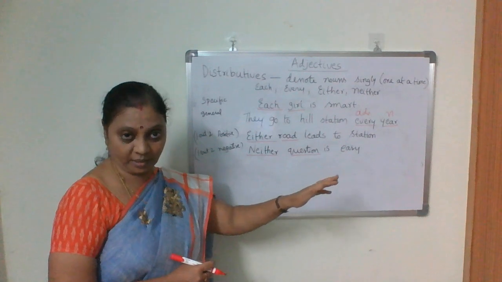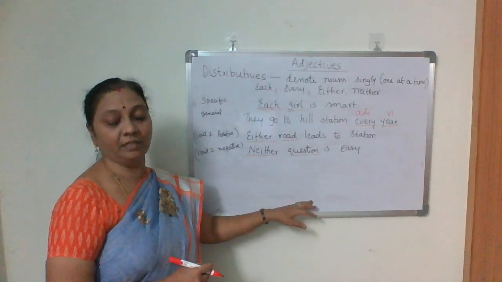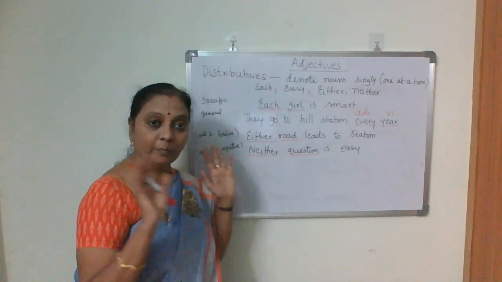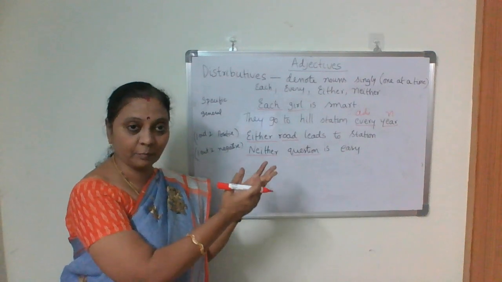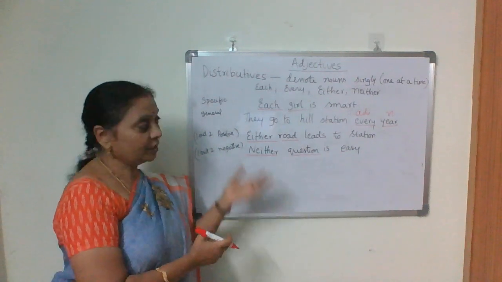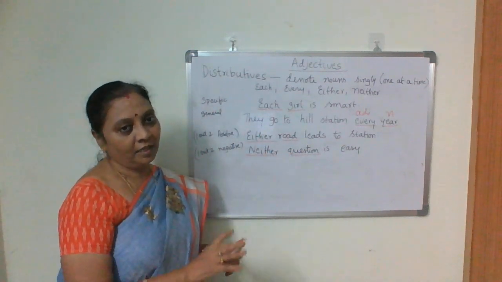Either of the students, either of the teams can win, neither of the teams can win. There the usage is different. Here it is immediately followed by a noun. That is the difference. Just like possessives, demonstratives or interrogatives, even distributives are followed by nouns.